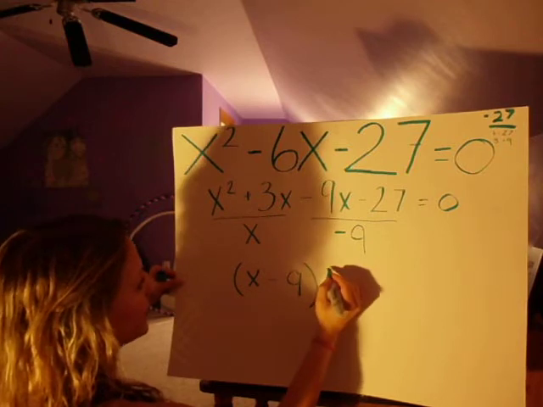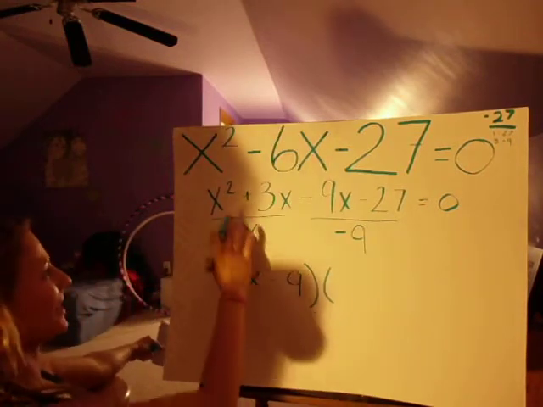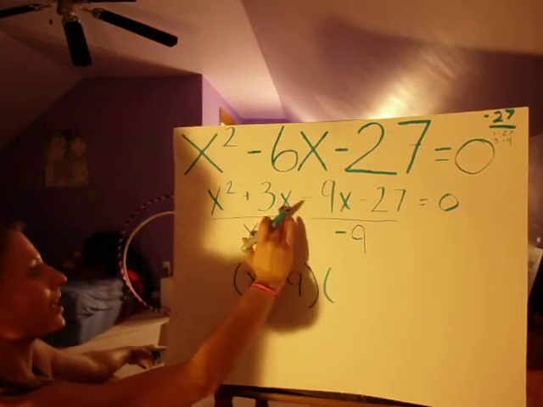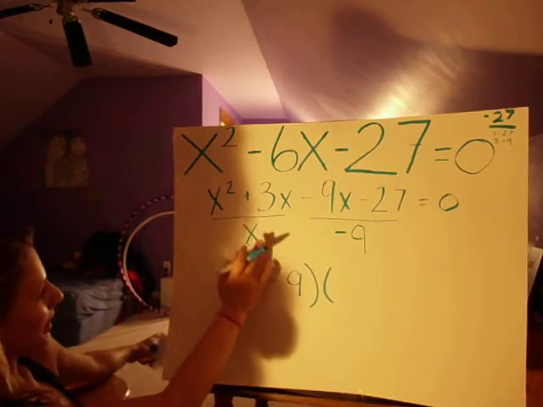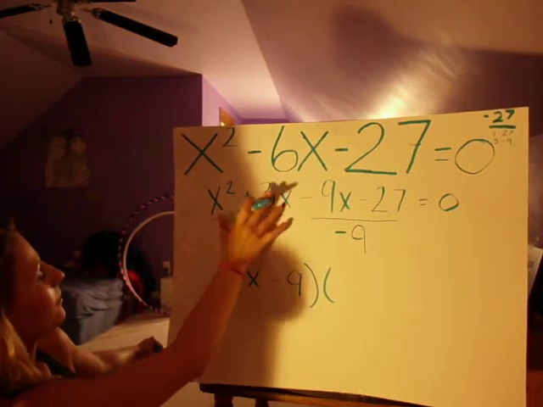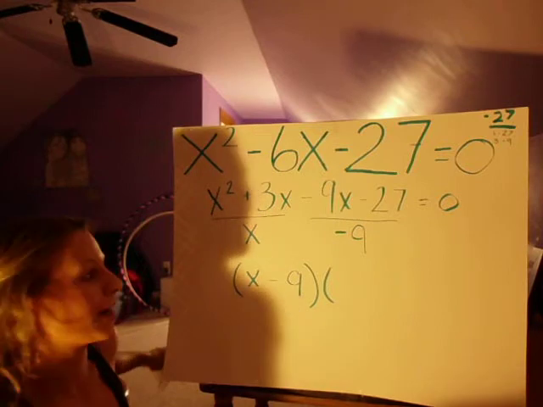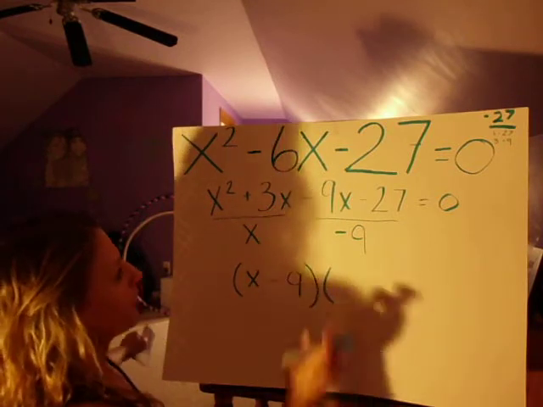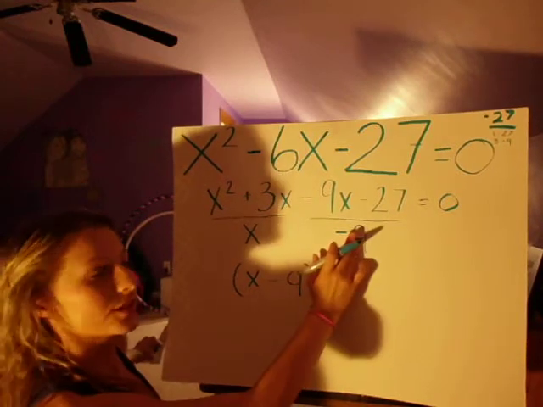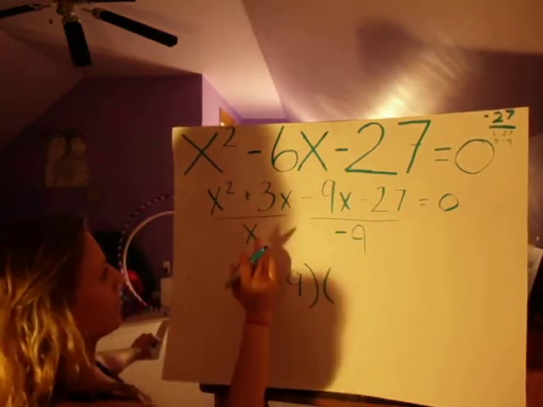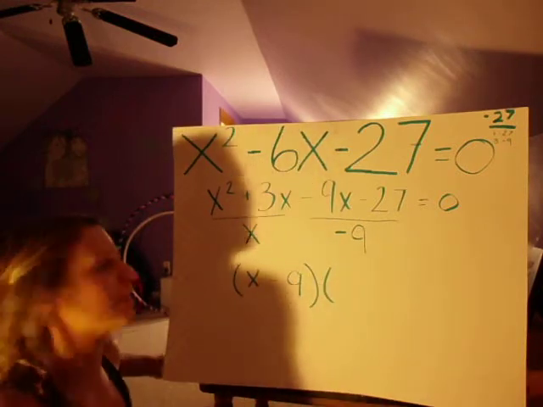Alright, and to get my second parentheses, I divide x out of these. So x squared plus 3x divided by x would be x plus 3. Okay? So you do it for this one, and if you're right with these numbers, it should be the same as x plus 3. And if it's not, then you've messed up somewhere.